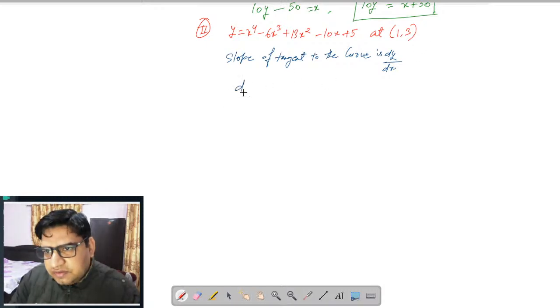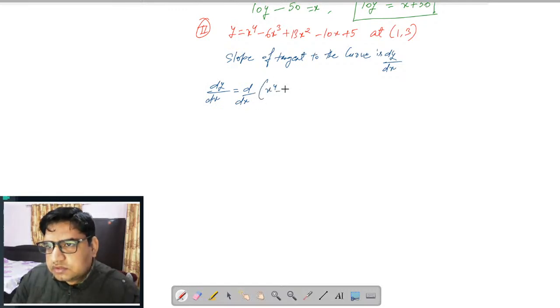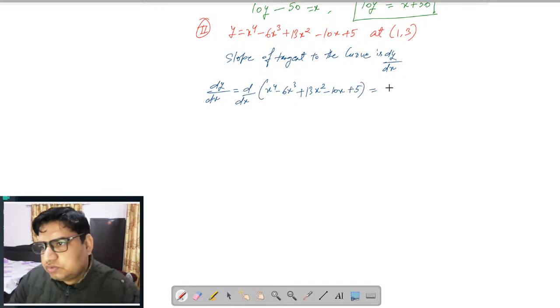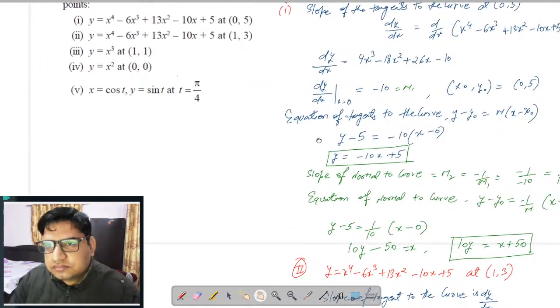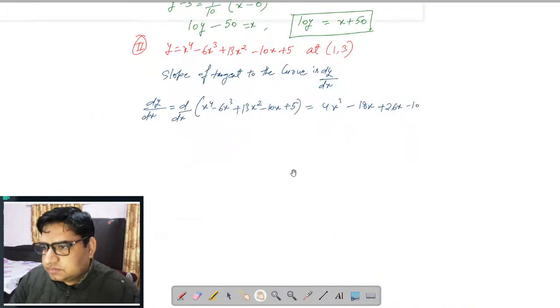And dy by dx is equal to dy by dx of x to the power 4 minus 6x cube plus 13x square minus 10x plus 5, and that should be equal to 4x cube minus 18x square plus 26x minus 10, at the point 1 and 3. So the equation is similar and we need to find it at 1 and 3.